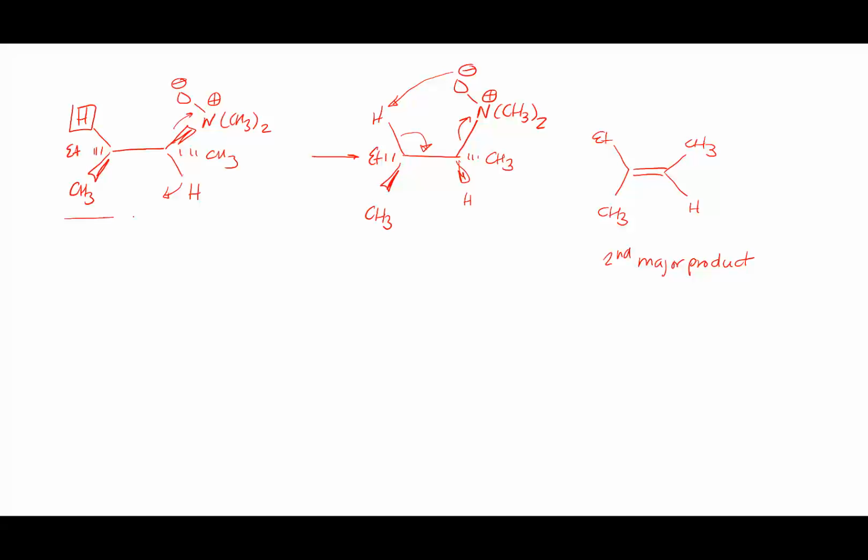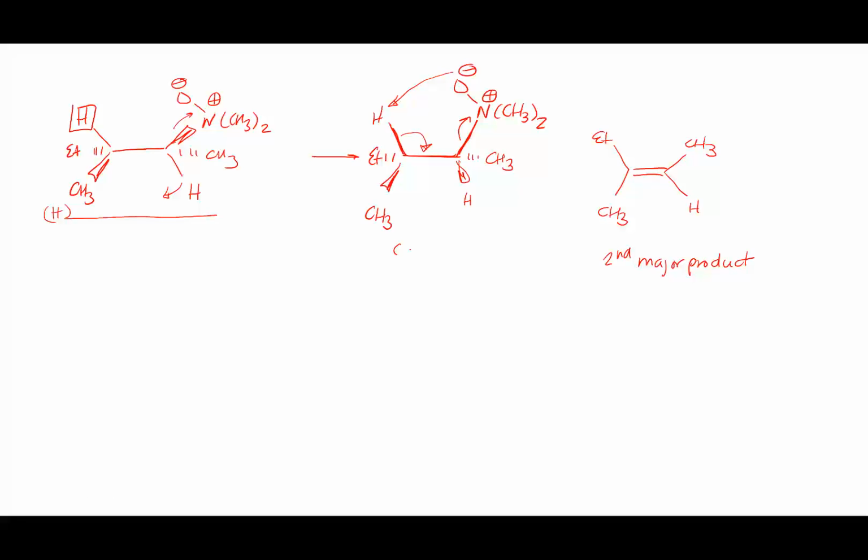If this was the original molecule and the hydrogen was here, I would actually have to rotate both the right and the left because I need to put it in the conformation where those three groups are planar. So I'd have to rotate the methyl group up into the hydrogen, or the hydrogen up into where it is, and then I'd have to rotate the nitrogen back a little bit.